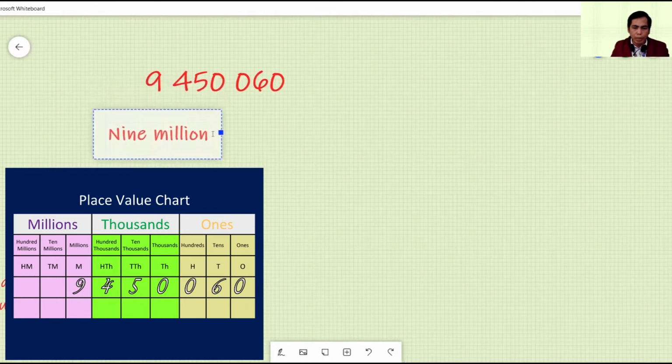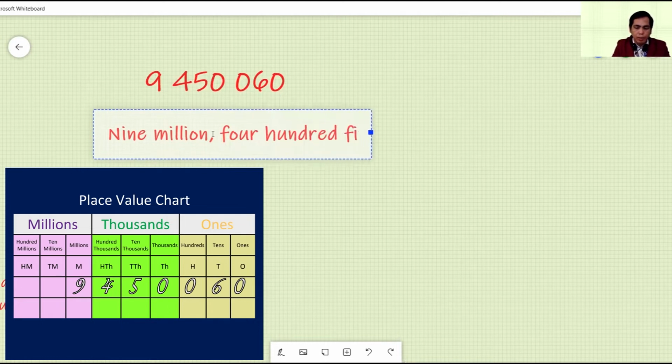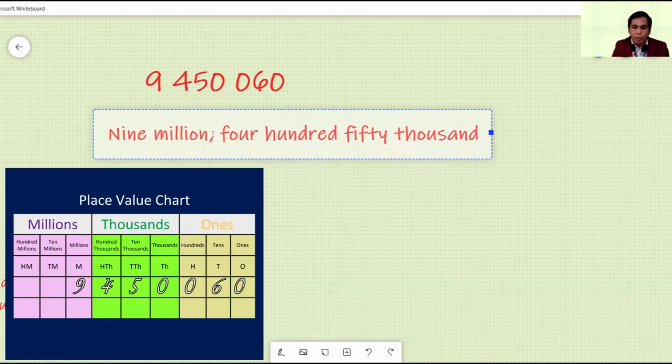And then to separate the 2 periods, we have to put a comma. And then 450,000, because the 450 is found in the thousand period.